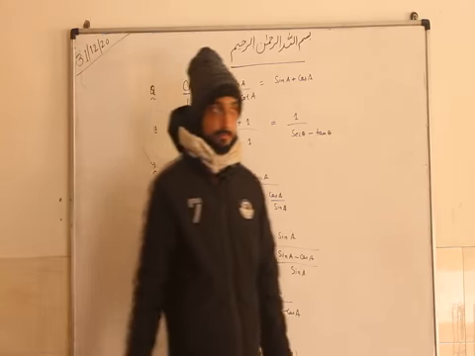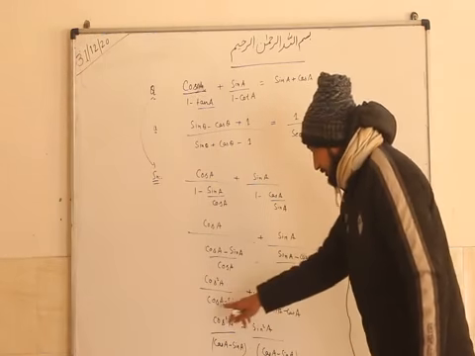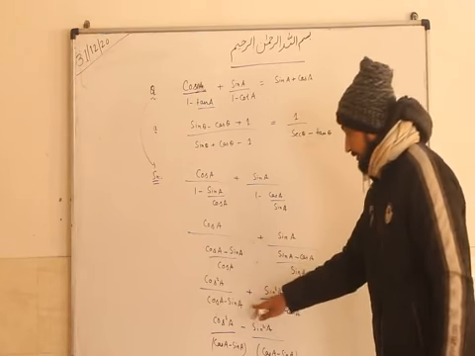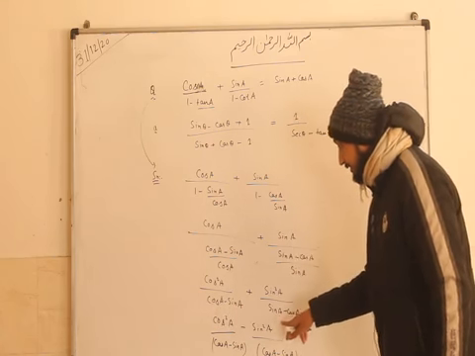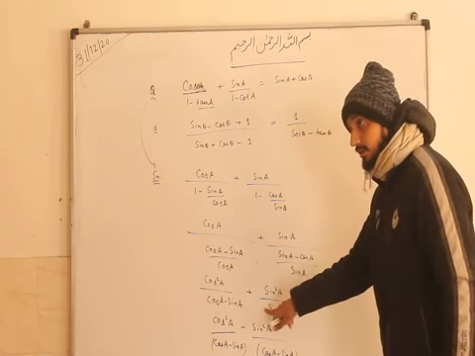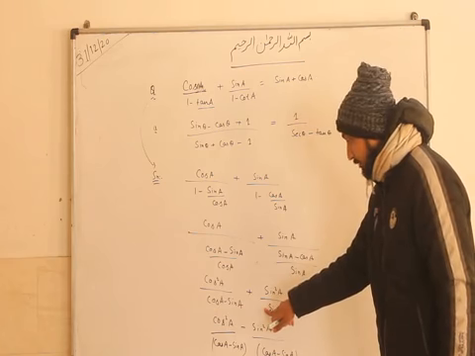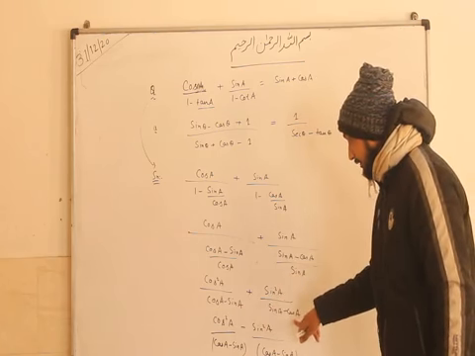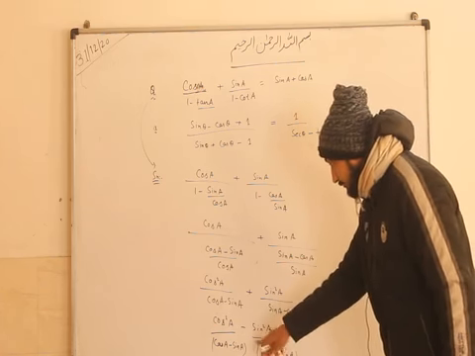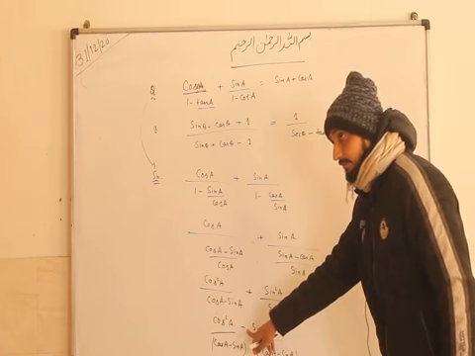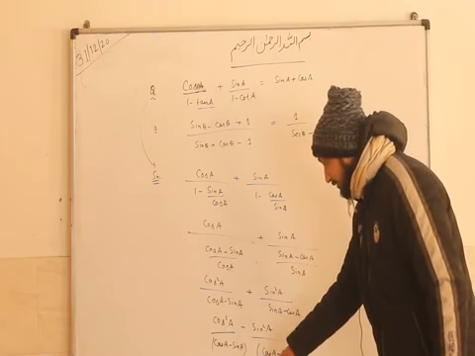See what we have done here, because for taking the LCM, both must be same. This is cos A minus sin A, but this is sin A minus cos A. So if we take negative as common, what we will do? It will be cos A positive and it will be minus. So that negative sign we have put here.